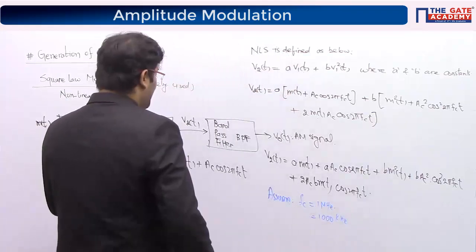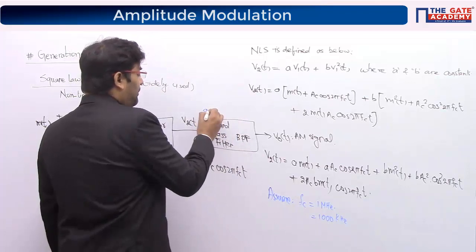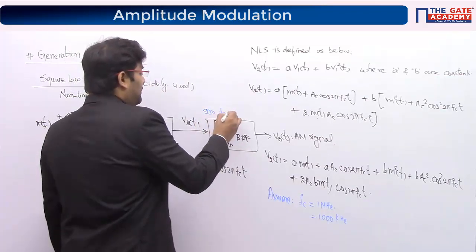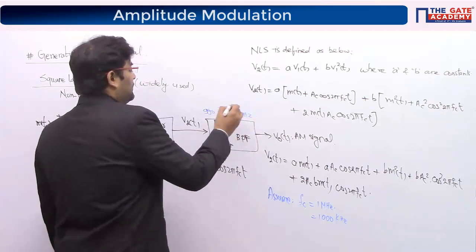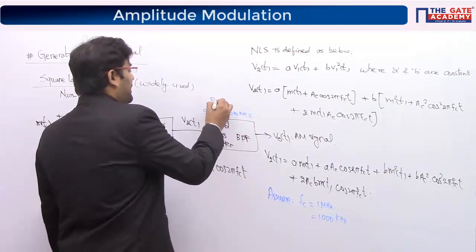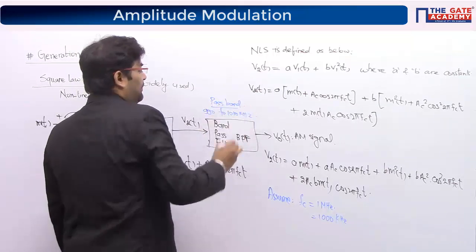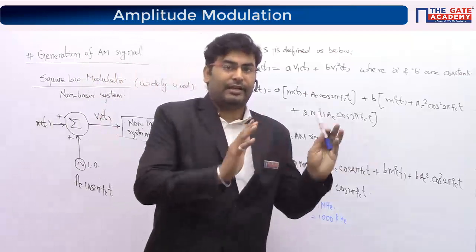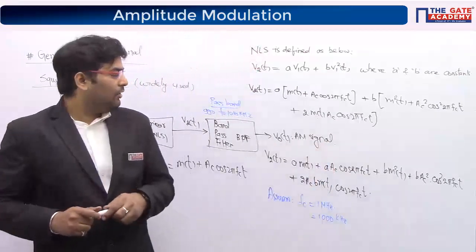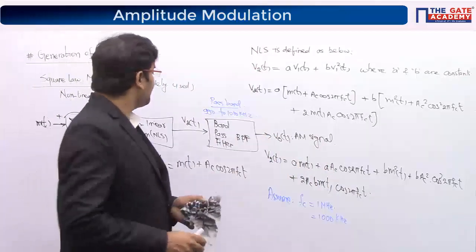And the band pass filter frequency range is from 990 to 1010 kilohertz, and that's it. So this is the pass band of your band pass filter, keep in mind. It is just from 990 to 1010, so the bandwidth of the band pass filter is 20 kilohertz.